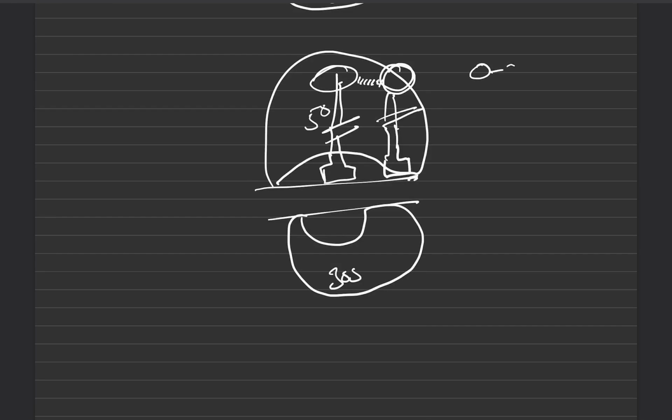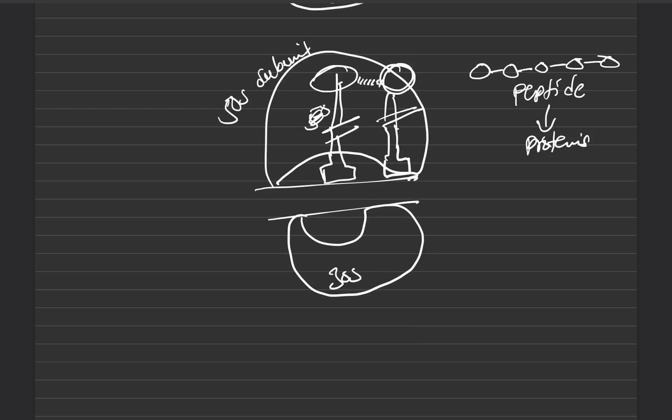Now we know that when bonds are formed between amino acids, we have a peptide, and of course peptides eventually form proteins. So in summary, the 50S subunit is responsible for peptide chain formation. That's the role of the 50S.